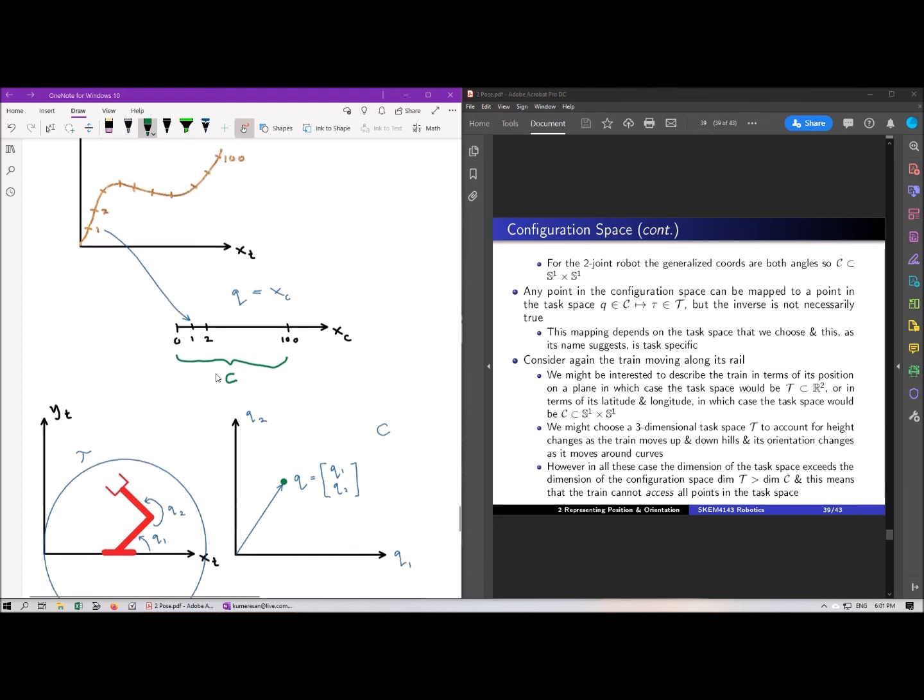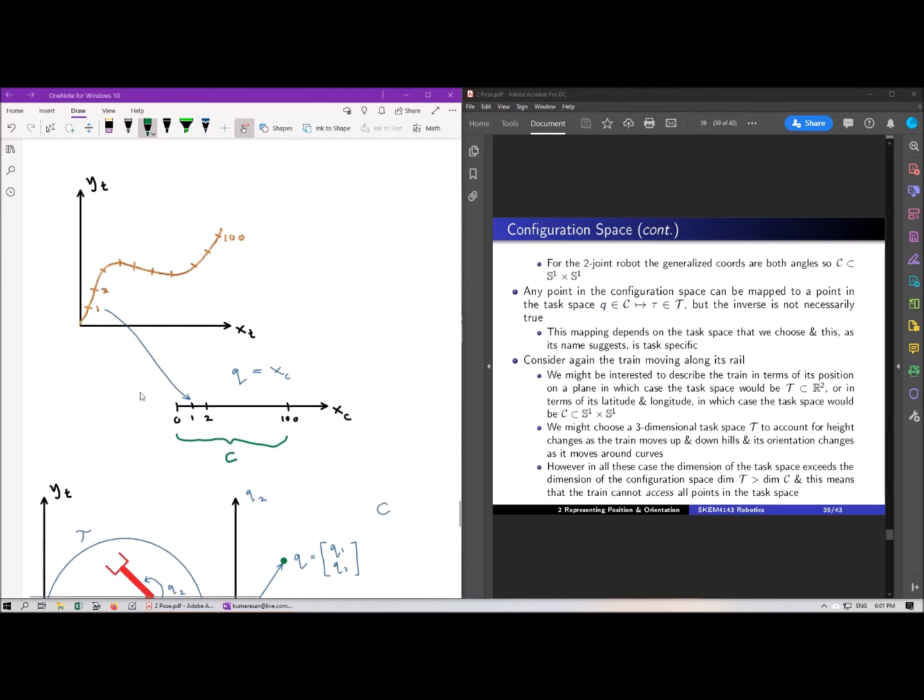Okay, so in our train example, the task space is this one, the two-dimensional space, and configuration space is this. So it says here any point from configuration space can be mapped to task space, which is true, right? So 1 here I can map to here, 2 maps to here, and so on. 100 maps to here.